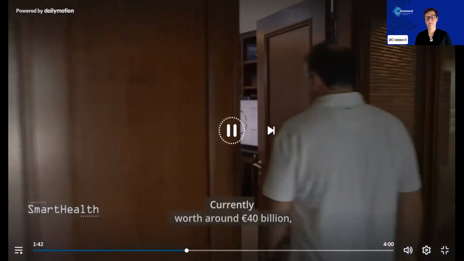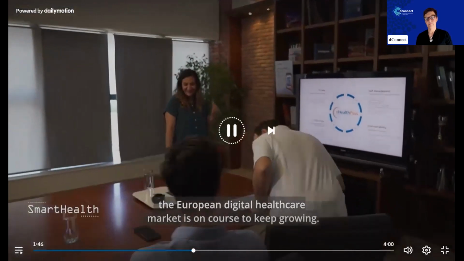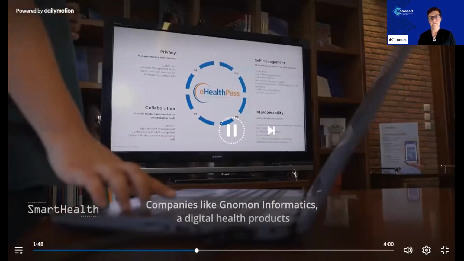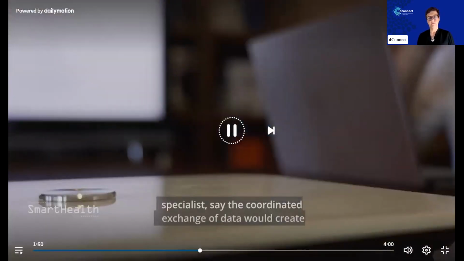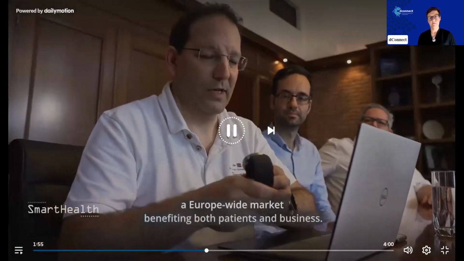Currently worth around 40 billion euros, the European digital healthcare market is on course to keep growing. Companies like Gnomon Informatics, a digital health product specialist, say the coordinated exchange of data would create a Europe-wide market benefiting both patients and business.